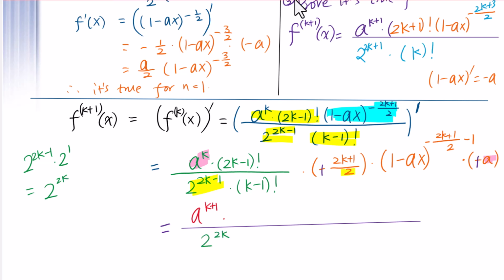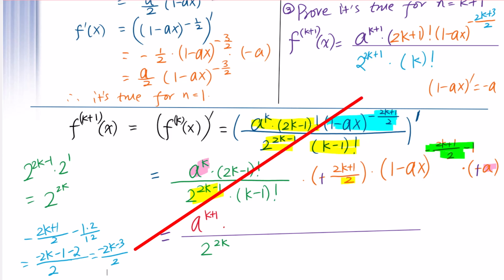And simplify this, negative (2k plus 1)/2 minus 1. Let's move this negative sign to the top. We got denominator is 2, negative 2k minus 1 over 2, minus 2 over 2. Simplify. Negative (2k minus 3)/2.